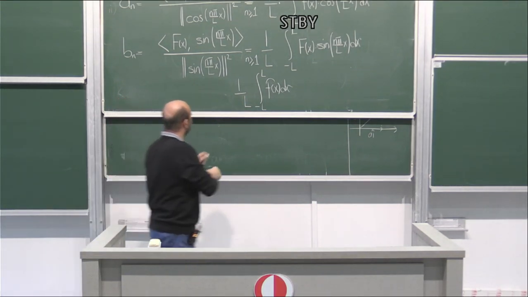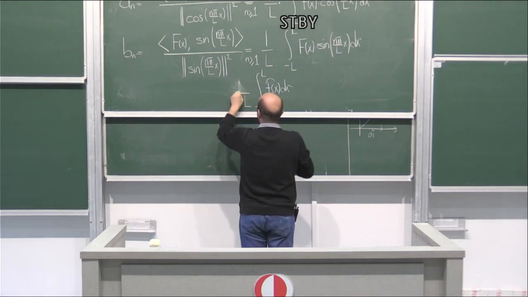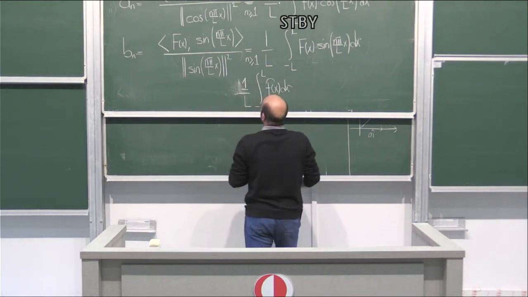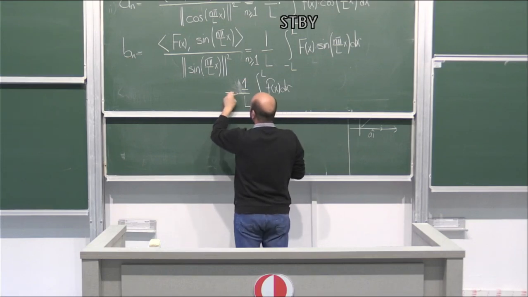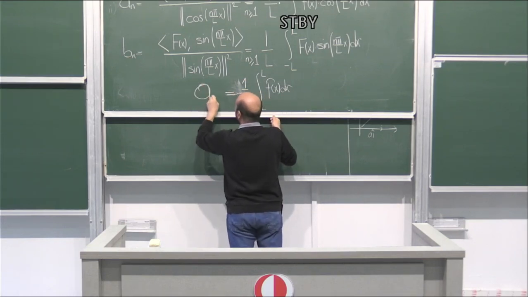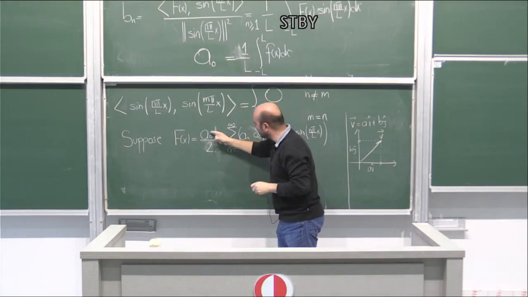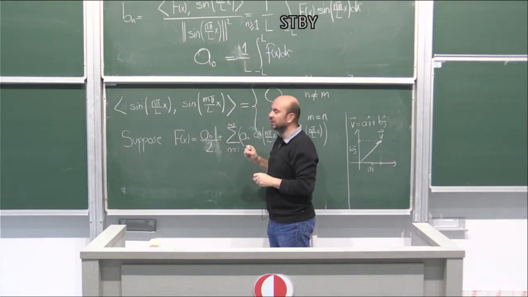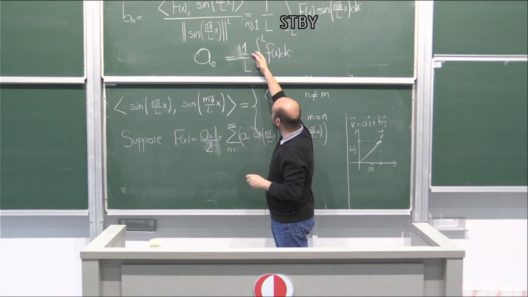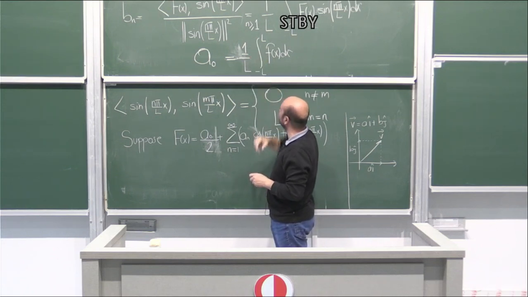If I do this computation, then this automatically gives me a0. That's why I'm writing here a0 over 2. So here you have 1 over 2 in your computation.